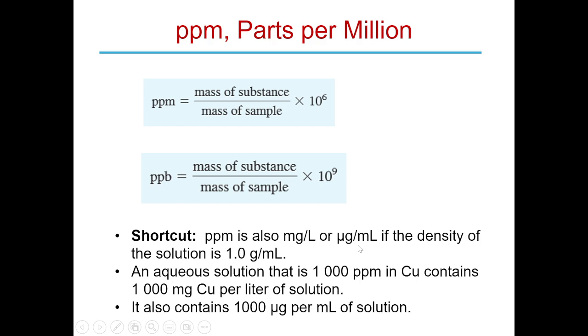This is actually incredibly useful, by the way, if you remember this, because you can really speed up your calculations and not have to do a lot of work. An aqueous solution that is 1,000 parts per million in Cu contains 1,000 milligrams of Cu per liter of solution.